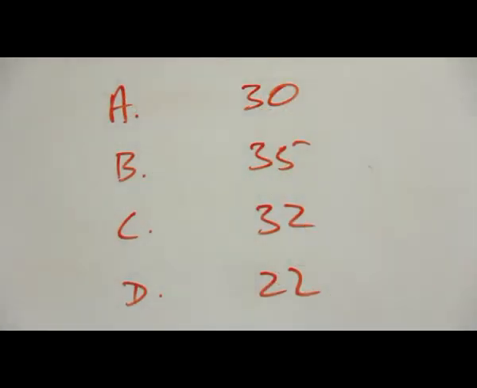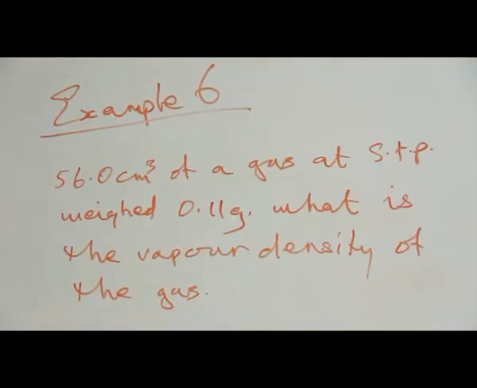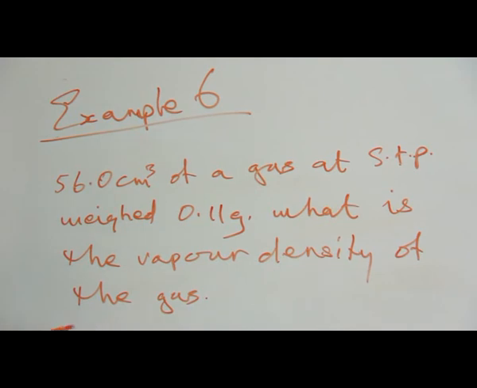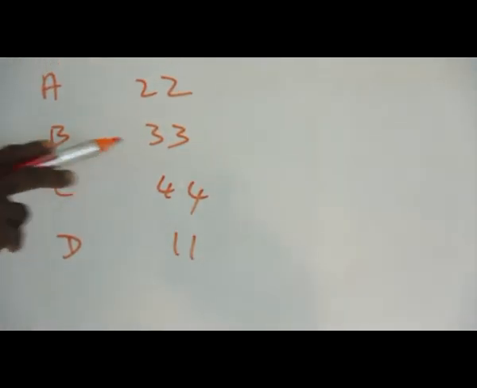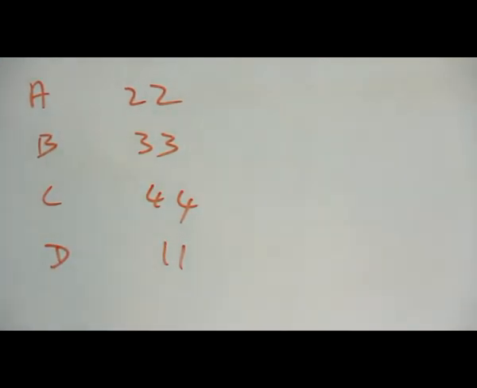For the solution to the problem, the vapor density is 32, and so the correct option is C. Example 6. 56.0 cm³ of a gas at STP weighs 0.11 grams. What is the vapor density of the gas? The options are A 22, B 33, C 44, and D 11.